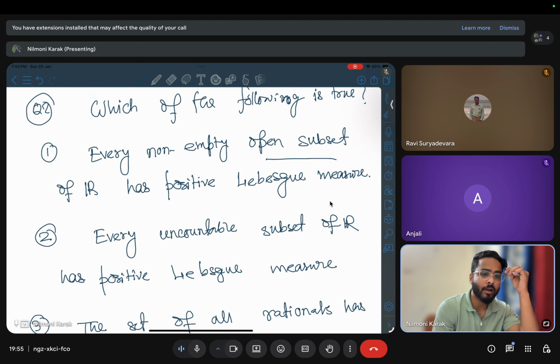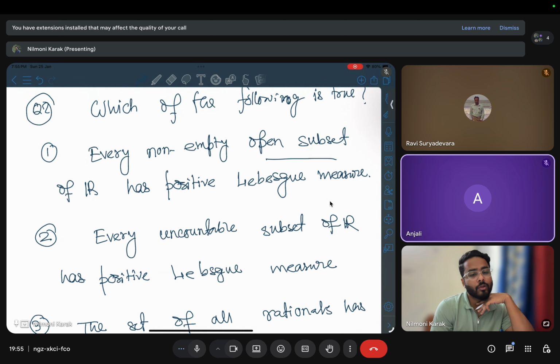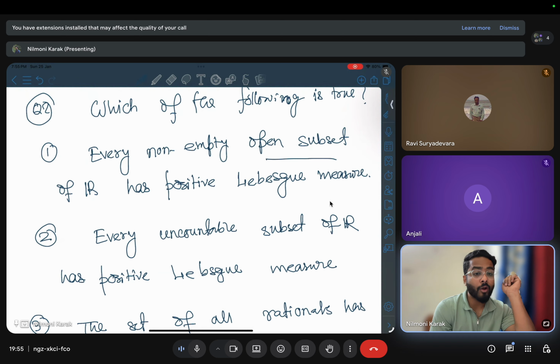you can represent as a union of open intervals, right? This is true. Yes, sir. And a non-empty open interval has positive length, because you are taking the open interval (a, b), non-empty, so a is less than b.